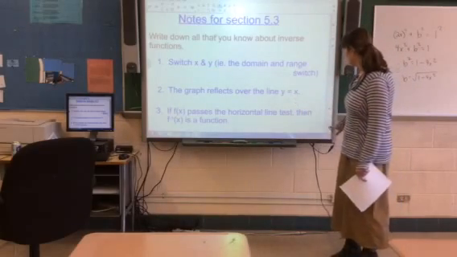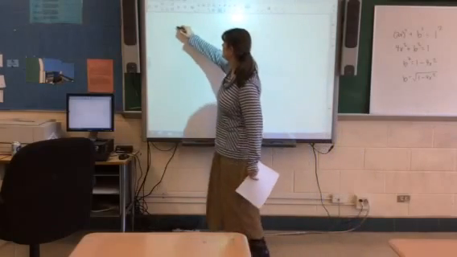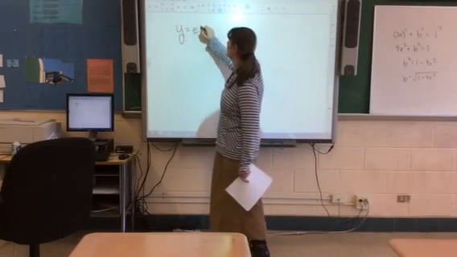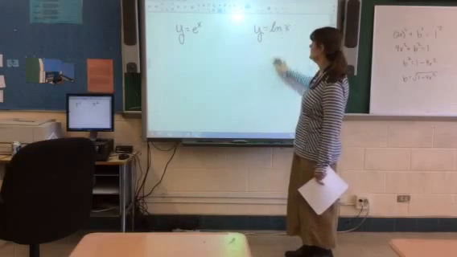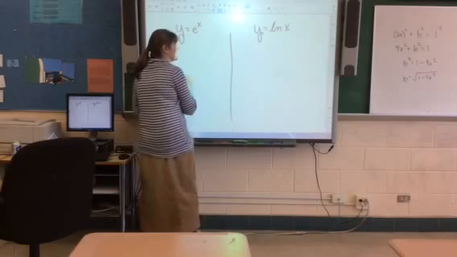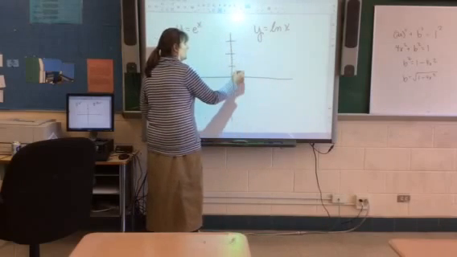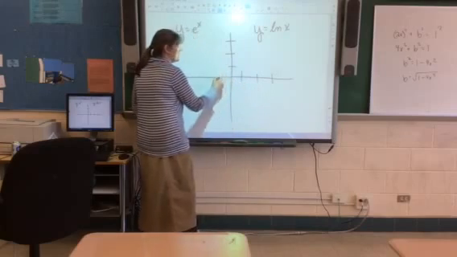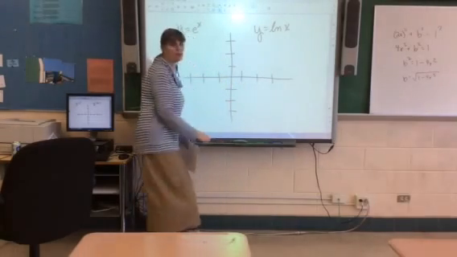So let's think about functions that we do know are inverses, that we've worked with: y equals e to the x, and y equals the natural log of x. And if we look at those two graphs, what does the graph of y equals e to the x look like? And if you don't remember the shape of it, you could plot a couple points.